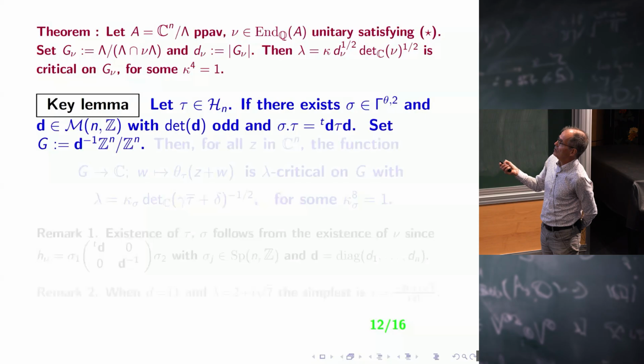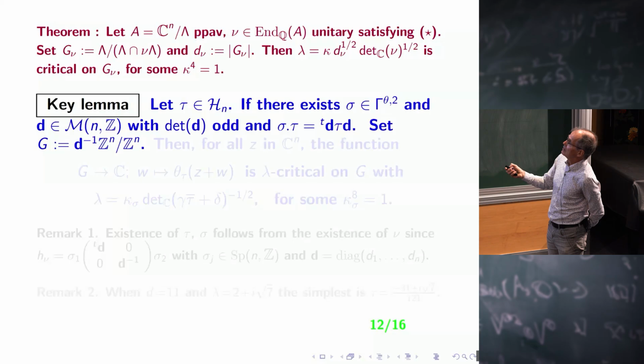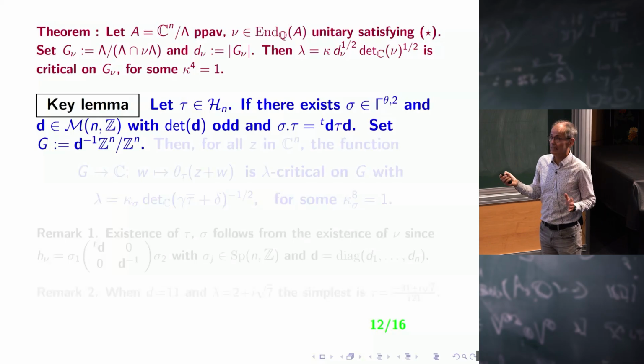It changes tau by a change of basis given by some matrix with integer coefficients. So sigma tau is transpose d tau d. This is the strange assumption I have. Okay, I agree.